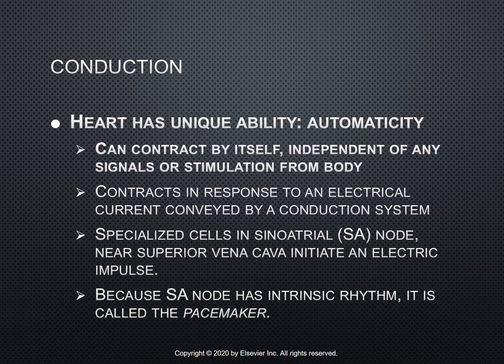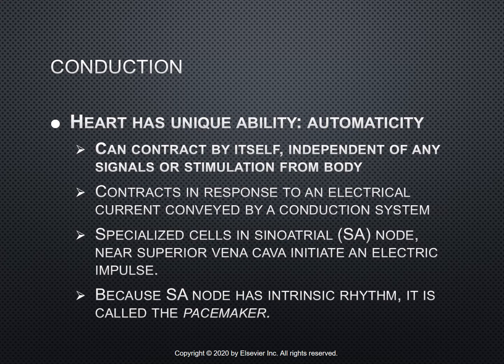So the SA node, or the sinoatrial node, initiates an electric impulse. And because the SA node has an intrinsic rhythm, it is called the pacemaker. So it helps to keep the heart beating in a regular rhythm.